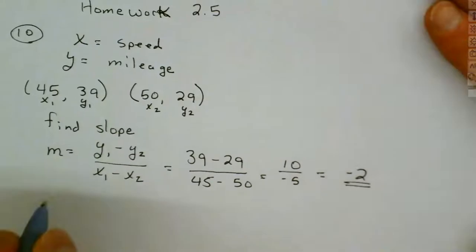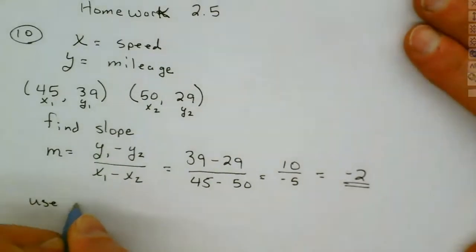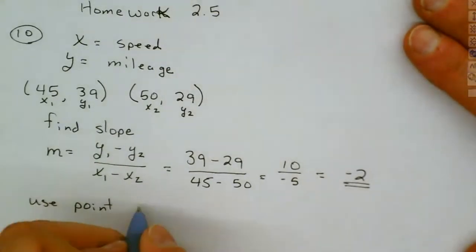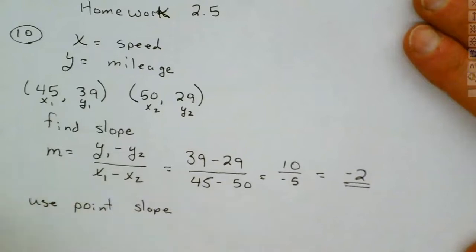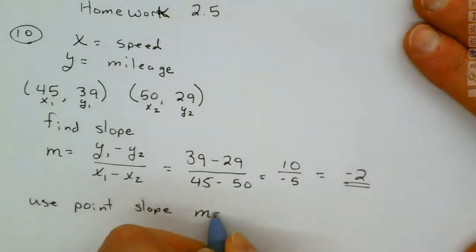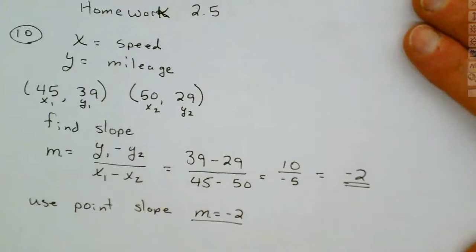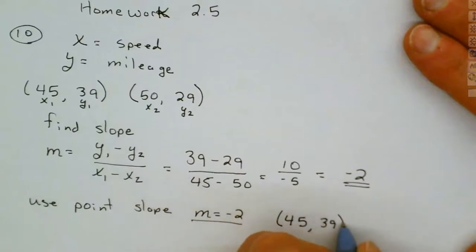Point-slope. Okay. So now we use point-slope. We've got our slope, which is negative 2, and we have our point. We'll just use that first one, 45, 39.